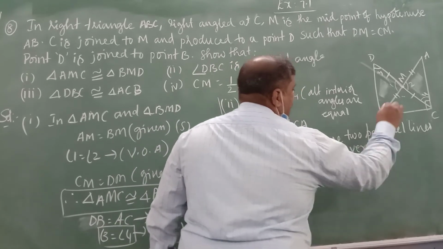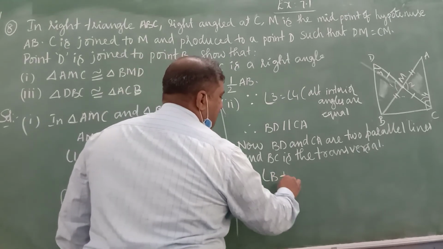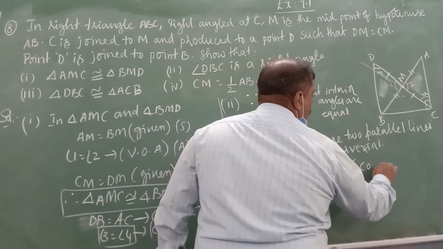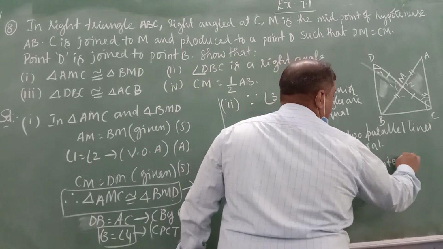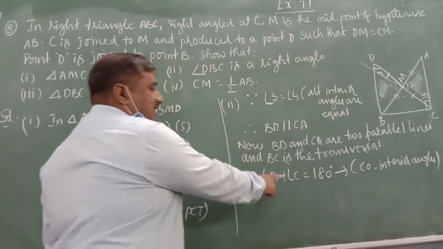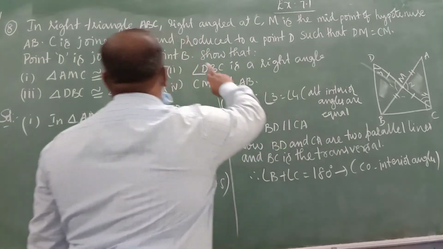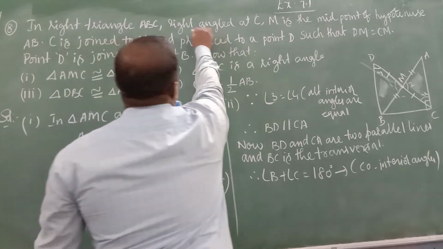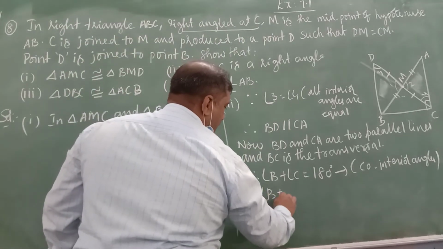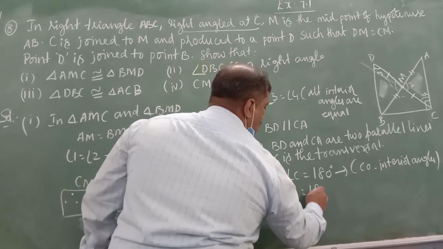BC is the transversal. Therefore, angle B plus angle C is equal to 180 degrees. You can write co-interior angles. But we know angle C is equal to what? 90 degrees. It is given. Angle C is a right angle at C. That is, angle B plus 90 degrees is equal to 180 degrees.